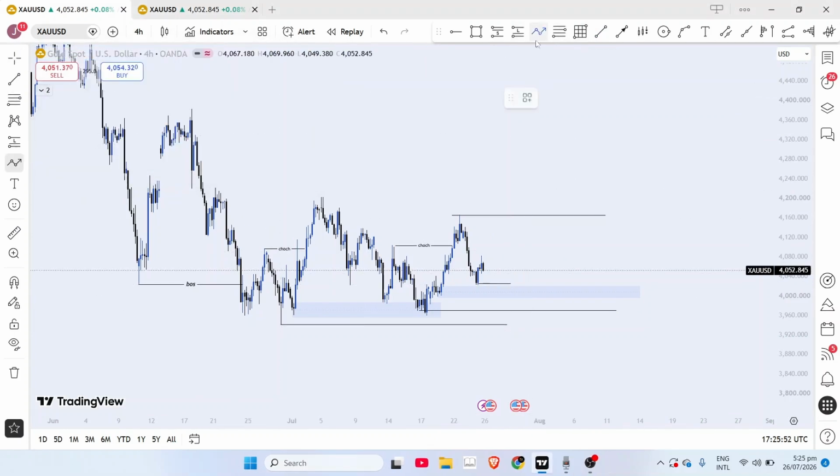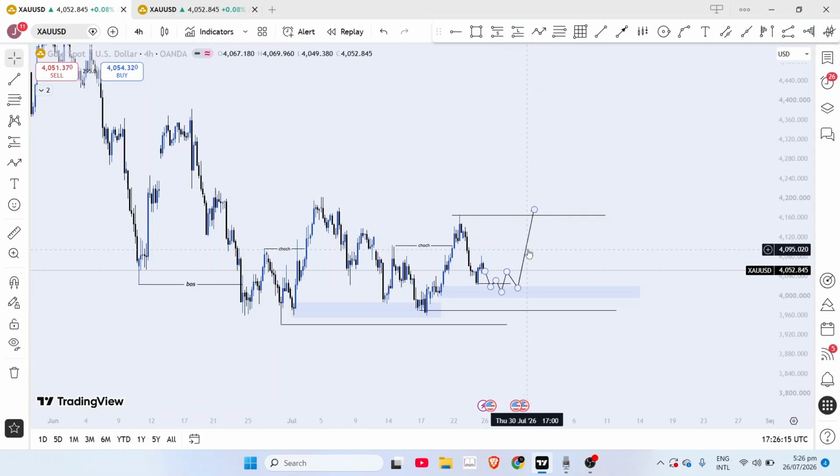So if price sweeps this low, I'll be looking for confirmation. If price gives a successful confirmation, I'll be looking to long gold XAUUSD. This is what I'm expecting.